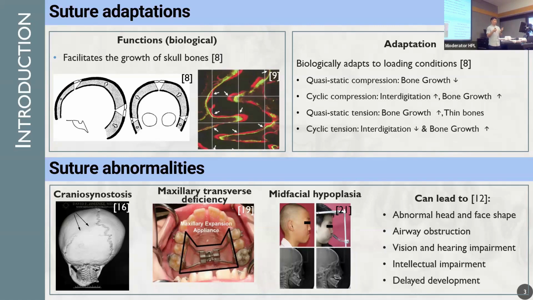To accommodate that, the suture increases its complexity, so it becomes more resistant. As we grow older, we don't really need to grow our skull anymore. At that time, all the sutures will be fused together, occluded, and the bones will be fused. That's shown with the increasing age of the rats, as the suture gets narrower.